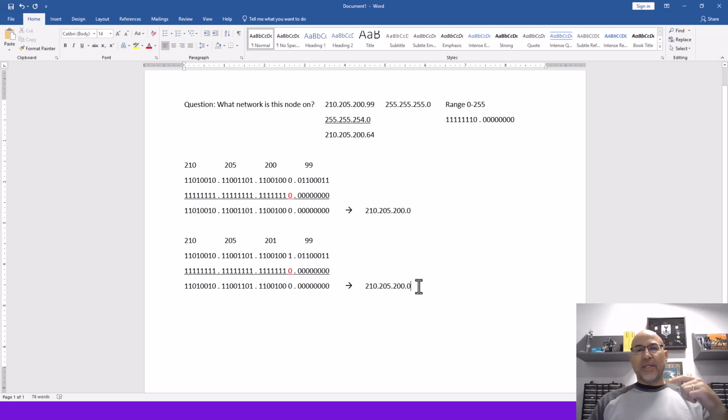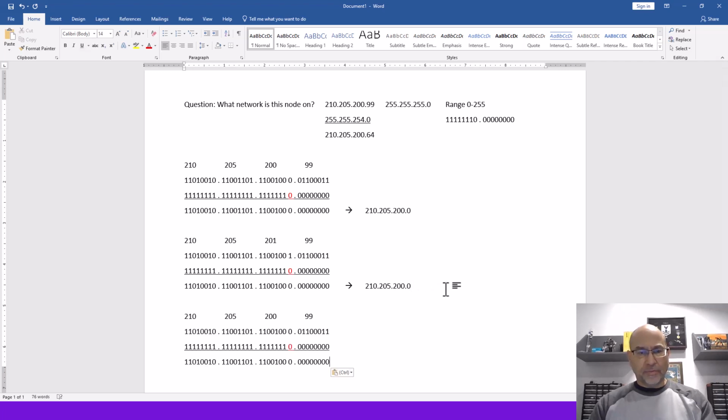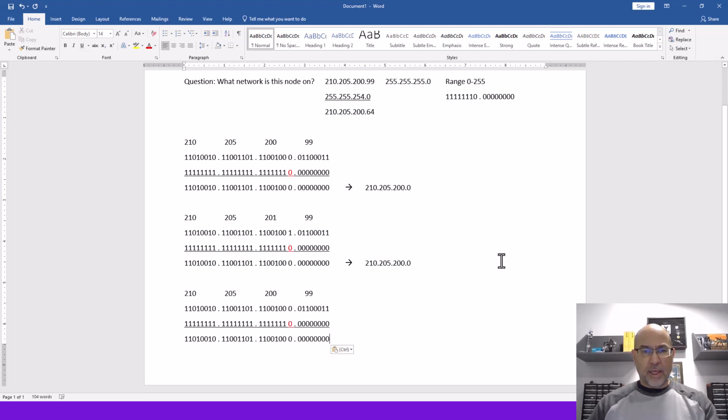Now, let's do an example on either side of that. Let's do this one. I'm going to try and keep them all on the same page here. So now let's do 199. Well, what does 199 look like in binary?